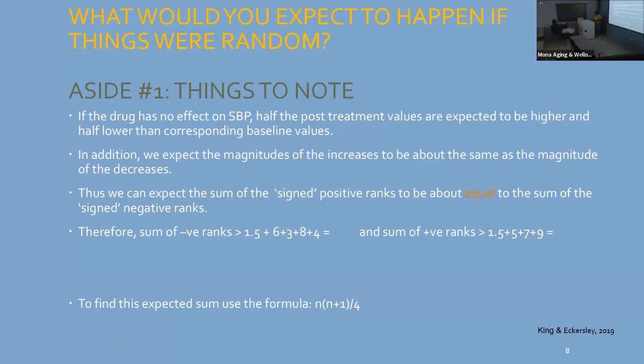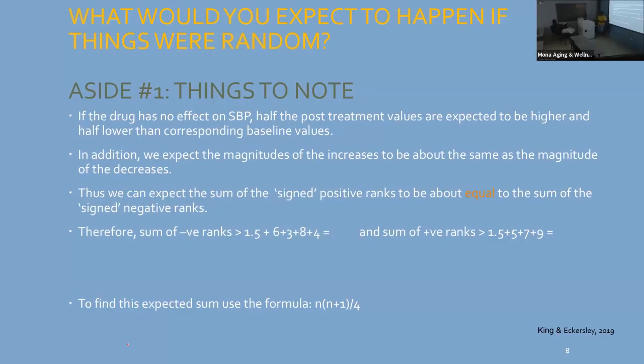So 2.5 for the positive, and 22.5 for the negative. That's what we're seeing. If things were happening at random and the drug makes no difference, we're expecting the sum of the negative ranks and the sum of the positive ranks to be just about the same. That's under the null hypothesis.